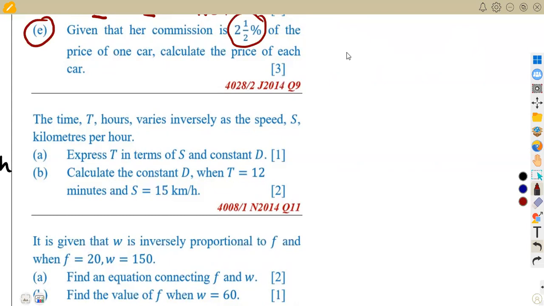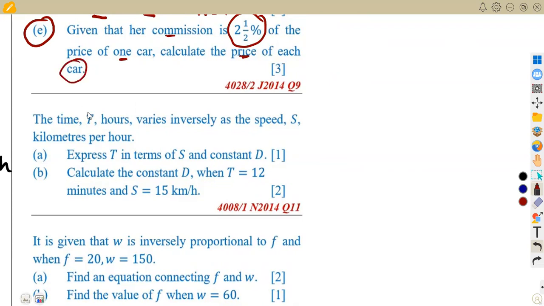If you sell a car, we are going to be given a percentage, maybe 1%, whatever percentage of the price that you sold that car for. The percentage is taken from the price of the car. Is 2.5% of the price of the car your commission? Calculate the price of each car.